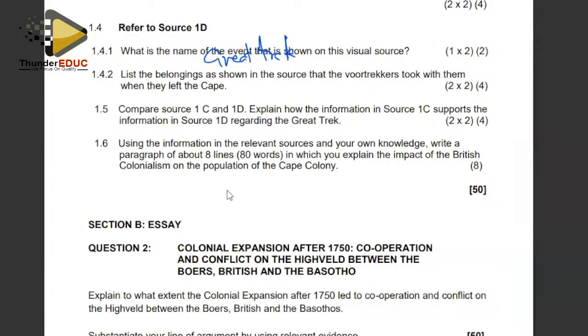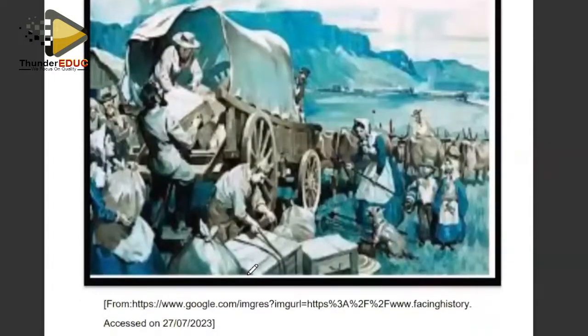Right, list the belongings as shown in the source that the trekkers took with them when they left the Cape. That is number 1.4.2. We want to find out a list of belongings that they took. So by merely looking at that, we can see the belongings from the source. Our source here is showing us their belongings.